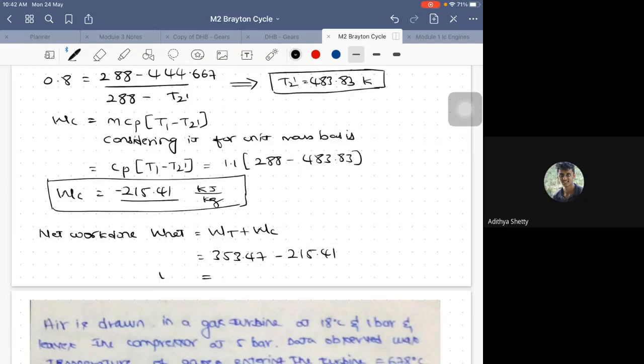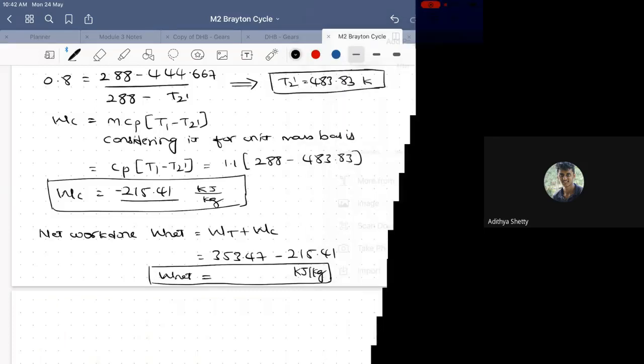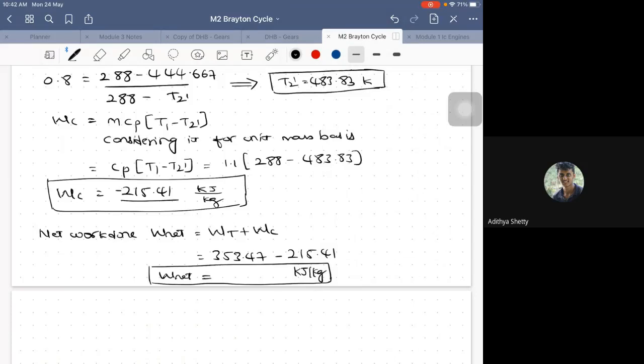So what is the value of W net? And again it will be in kilojoules per kg. 138.06. So until this point, everything we have calculated was already done in all previous problems. The same steps we have repeated.